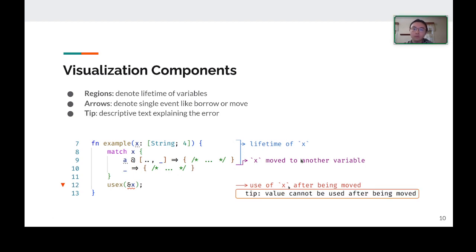We also include a tip for every error. The tips are descriptive text explaining the error, so the user knows why the error is not allowed in the Rust language.